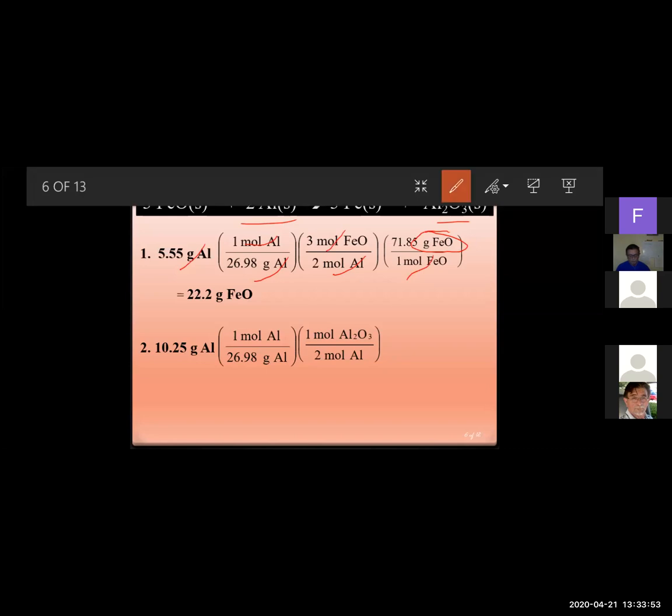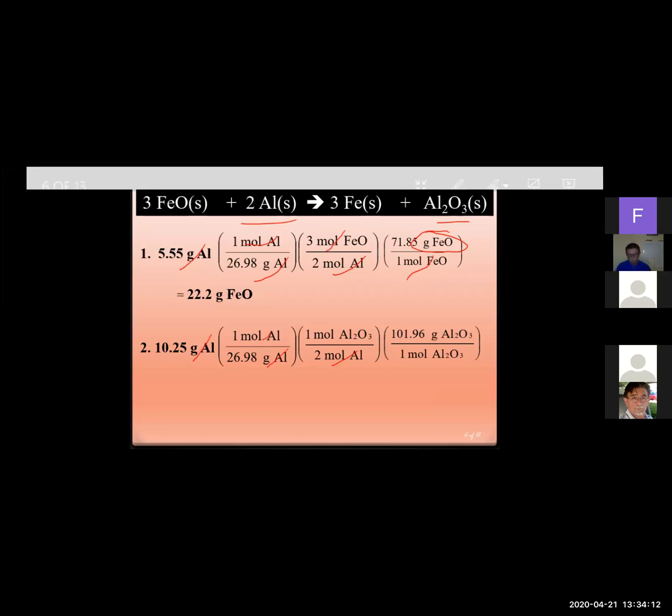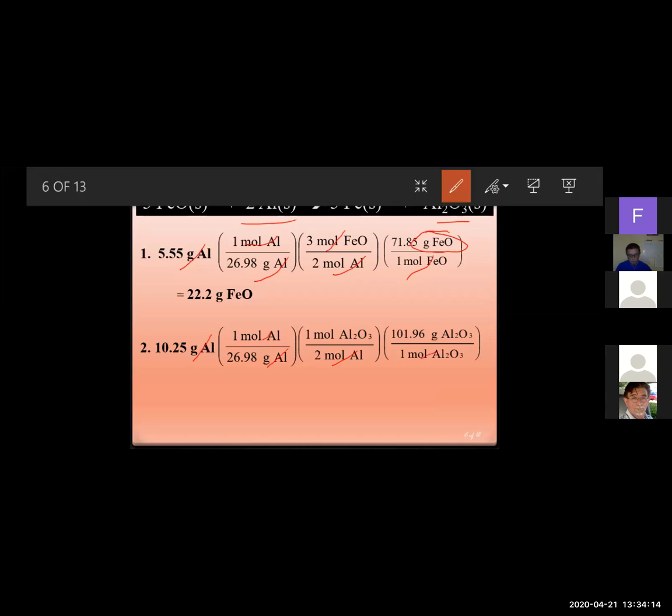Also, keeping track, following your units, notice grams of aluminum cancel, moles of aluminum cancel. At this point, you are at moles of aluminum oxide, okay? Then we need the molar mass of aluminum oxide, because finally, unit-wise, we're at what we're looking for, and that is grams of aluminum oxide.